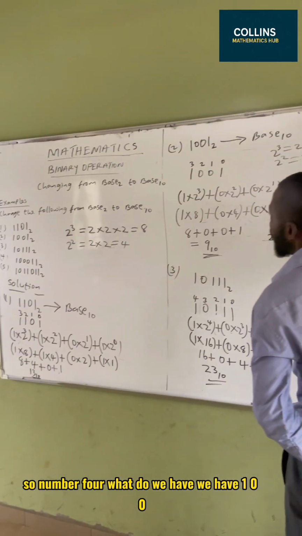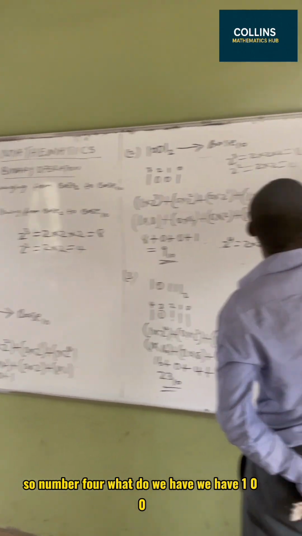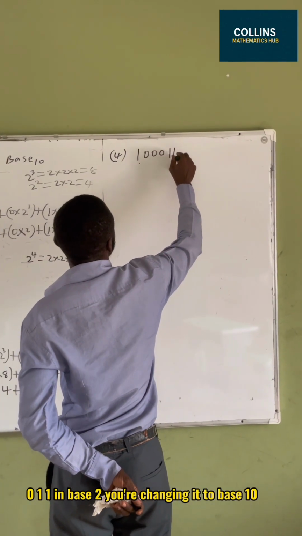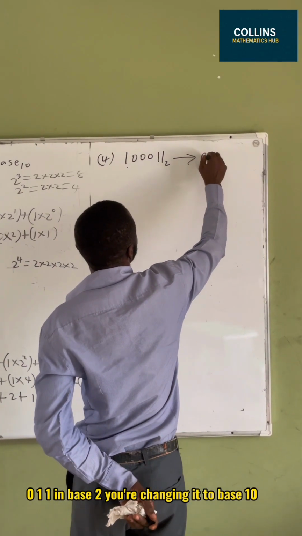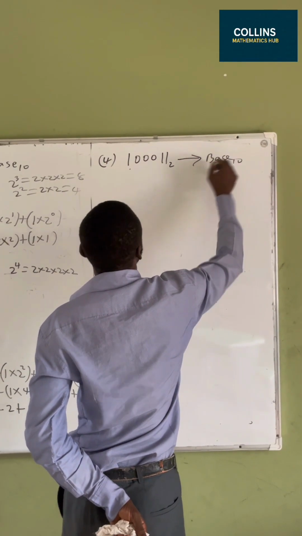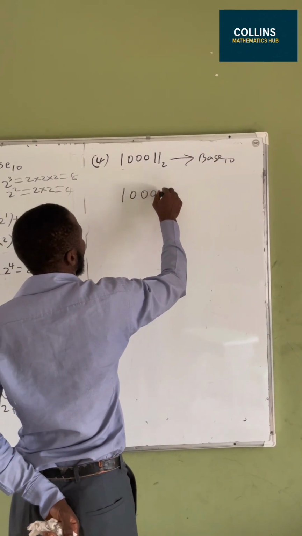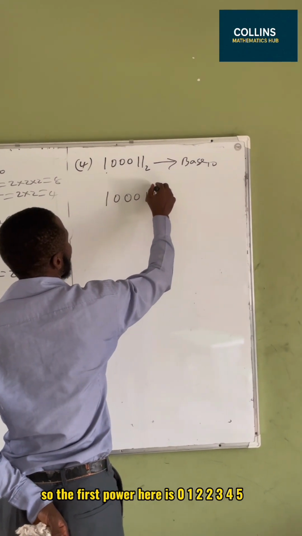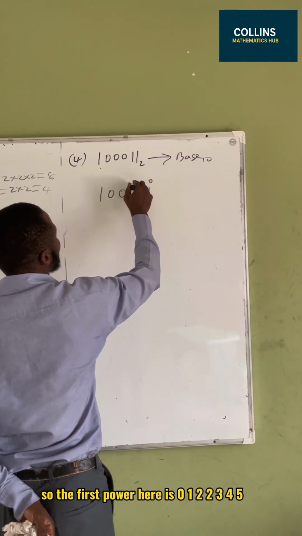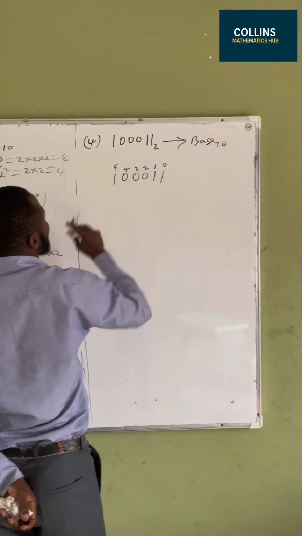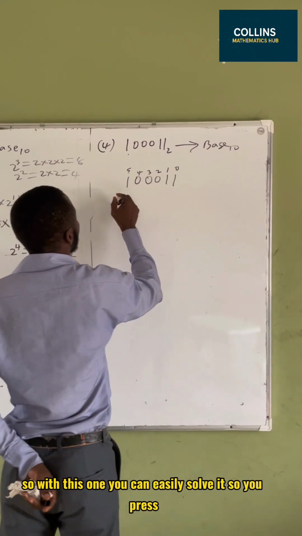So, number 4, what do we have? We have 1 0 0 0 1 1 in base 2. We are changing it to base 10. So, you bring the numbers out and you raise them to power. The first power here is 0, 1, 2, 3, 4, 5. So, with this one, you can easily solve it.